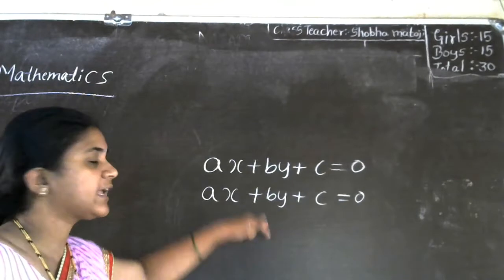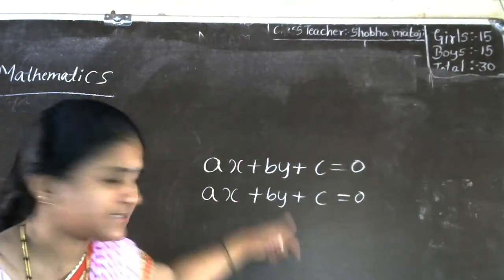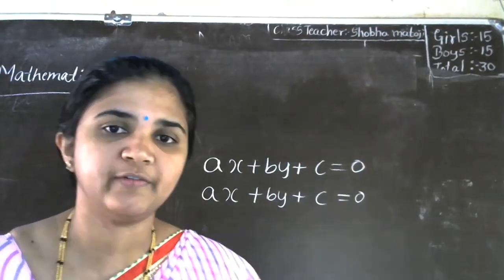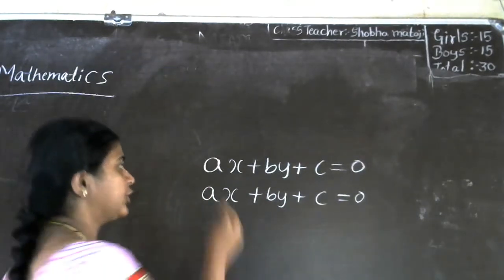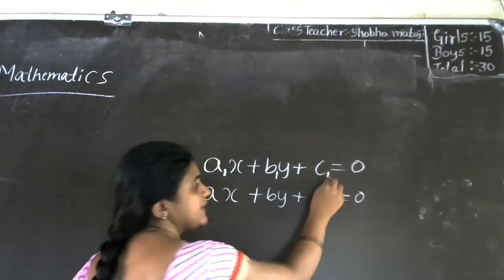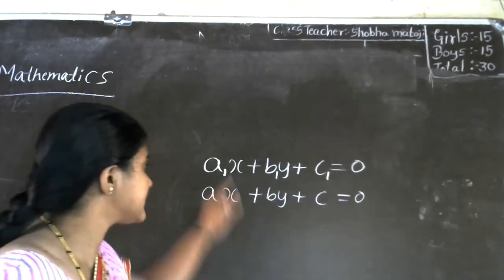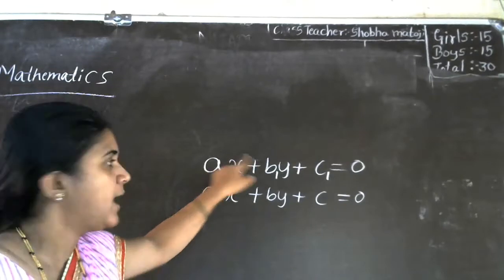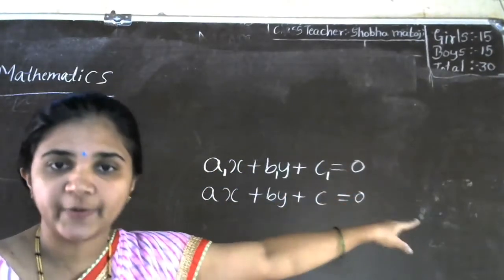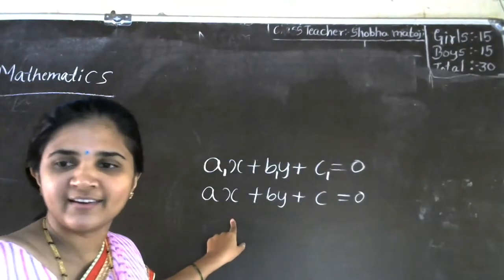But here we cannot take it like this, right? Because it is the same equation. We have to give a little bit of difference between the two equations, no? What do we have to do for that? Let us take the first equation as a1x plus b1y plus c1 which is equal to 0.